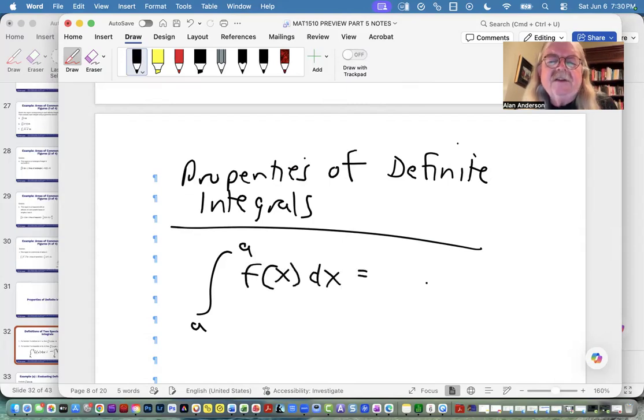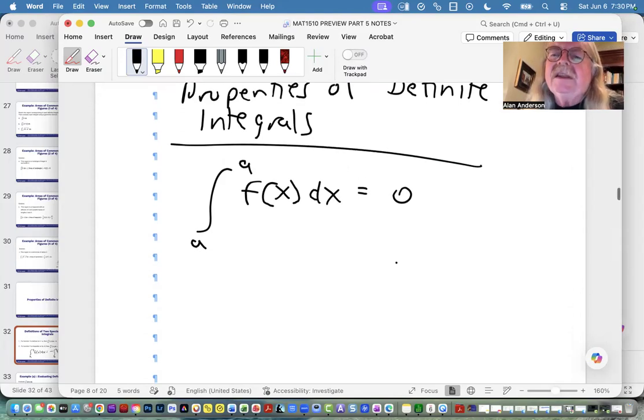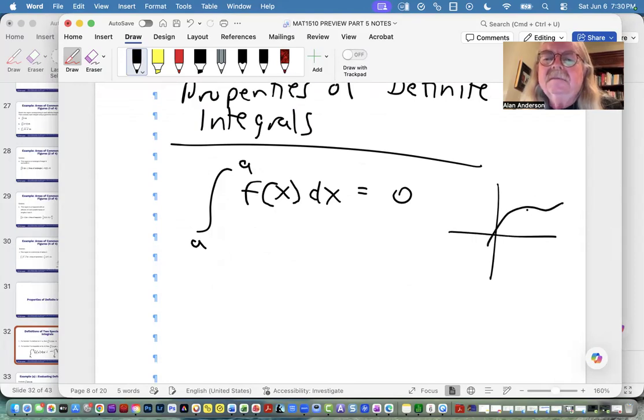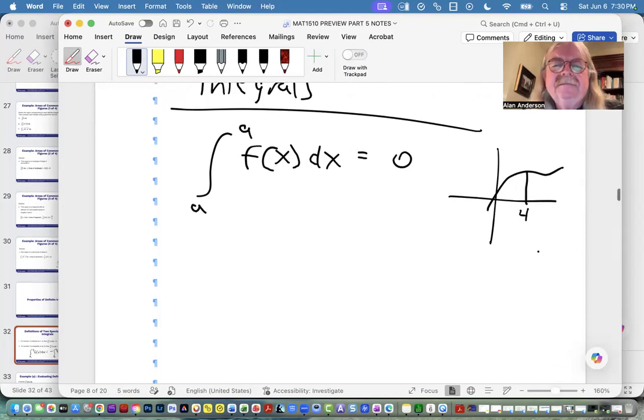Well, that by definition is equal to 0. Because what you're effectively doing then is you're taking the area of a straight line. If you remember from your travels, the width of a line is defined to be 0. So therefore, this is 0.